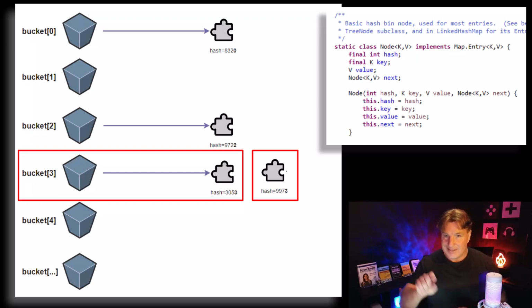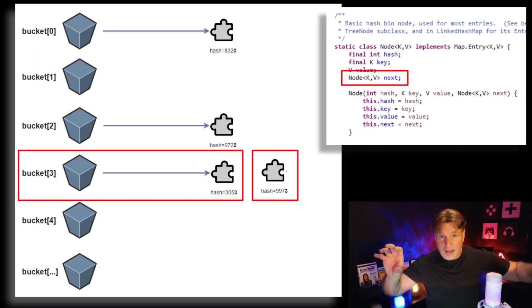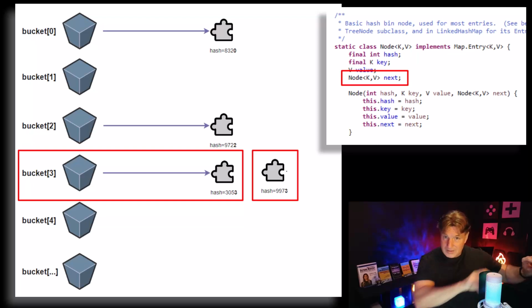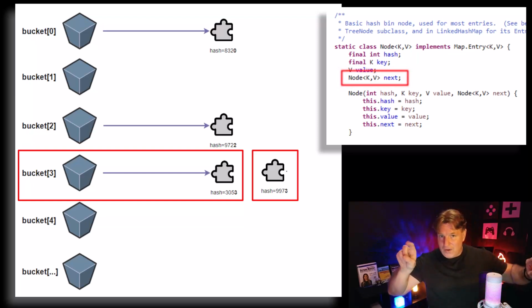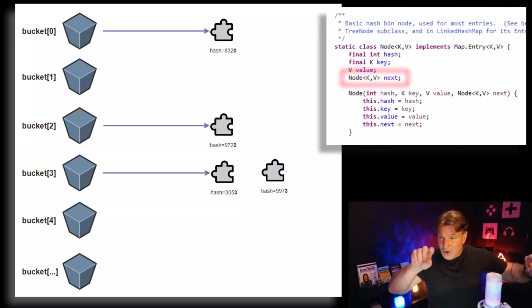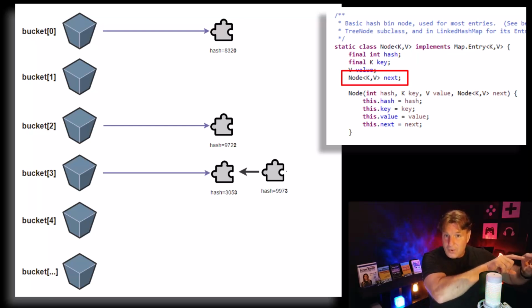This is where that node reference comes in. So if we see the hash code ends in 3 and we've already got a node in bucket 3, we still create a new node instance. We still take that new node instance and put it into bucket number 3. But that node reference that the node itself has points to the other node in that bucket.